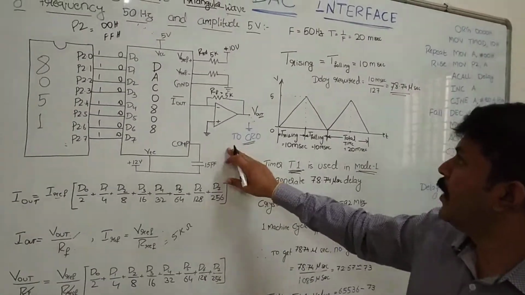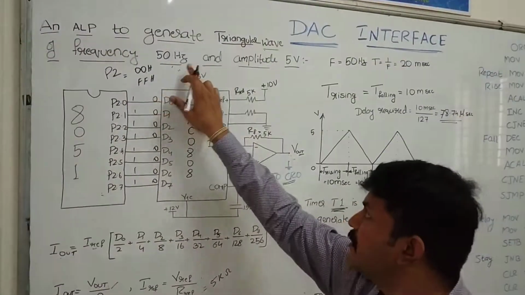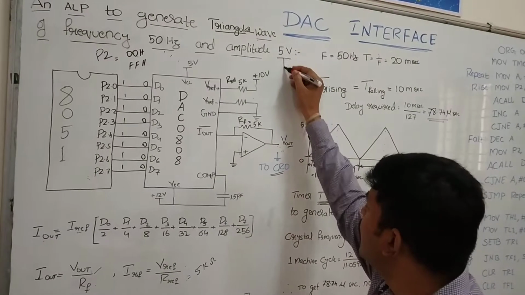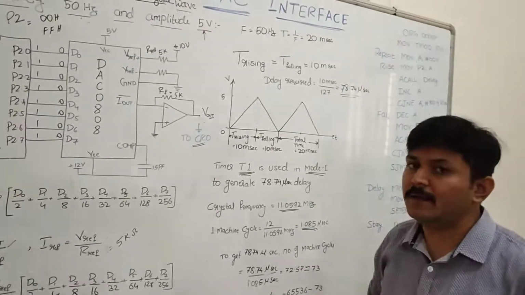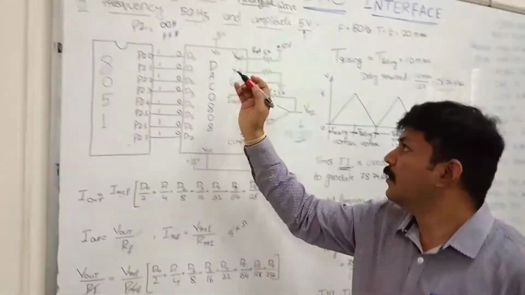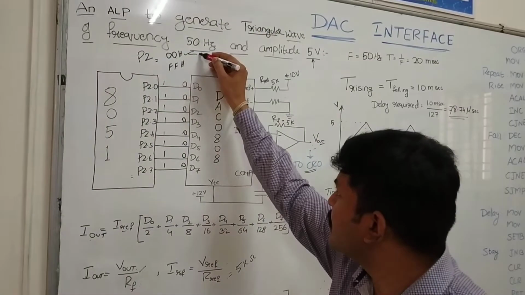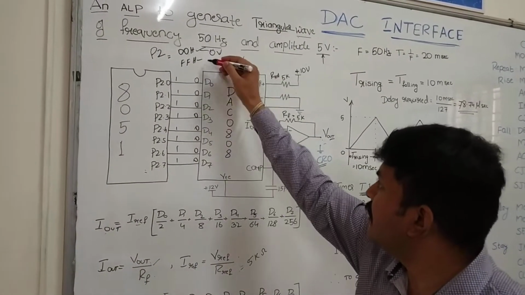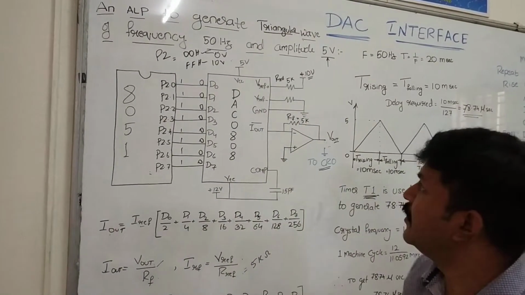We have been asked to generate a triangular wave of frequency 50 Hz and amplitude 5 volts. Let's understand how this 5 volts is generated. We understood in the previous class that if I feed 00 to the DAC, it will generate 0 volts, and if I supply FF, it will generate 10 volts because the reference voltage is 10 volts.